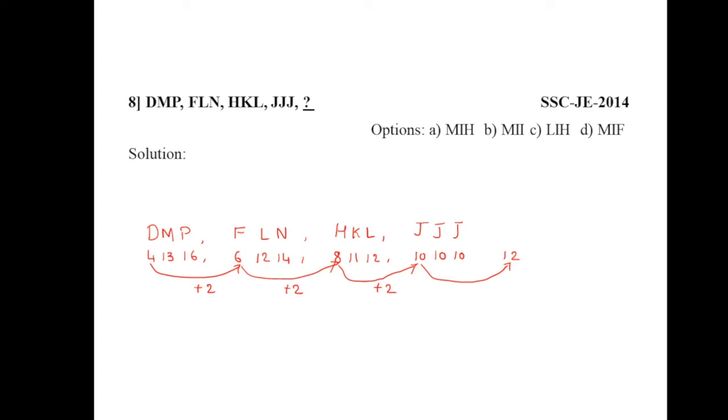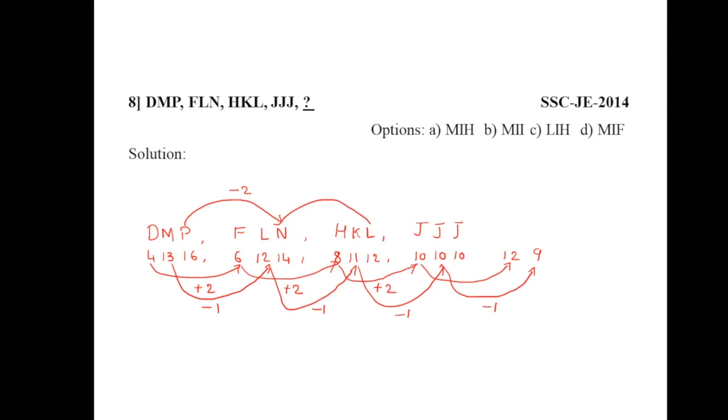When I consider the second letter, 13 to 12, it reduces by 1. Next again 12 to 11, it is minus 1. Again 11 to 10, it is minus 1. So from here it should be minus 1, that is 10 minus 1 is 9. Next, the 16 reduces by 2, to 14.